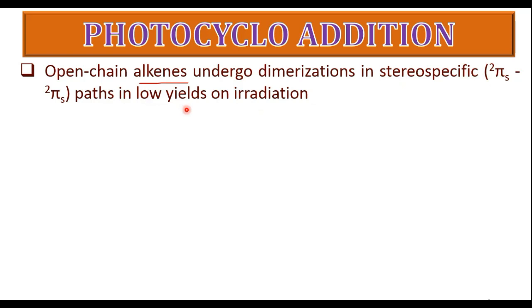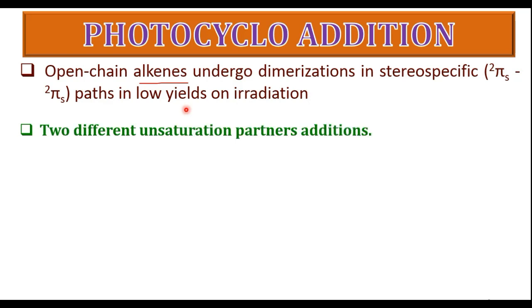Here two different molecules are involved in this reaction. This is an A double bond A molecule, and a B double bond B molecule. This pi bond shifts here, we get a sigma bond here. This pi bond shifts here, we get another sigma bond, finally we get a cyclic adduct.